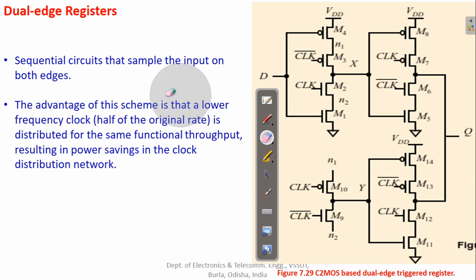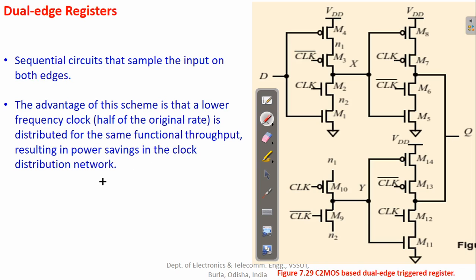So these are sequential circuits that sample the input on both edges, right? And the advantage of this scheme is that a lower frequency clock, that is half of the original rate, is distributed for the same functional throughput, resulting in power saving in the clock distribution network.